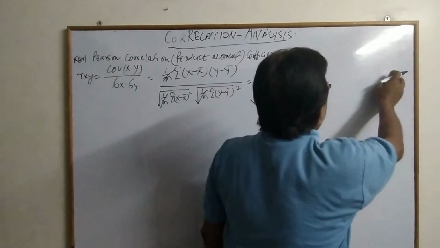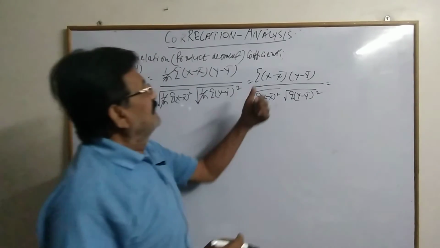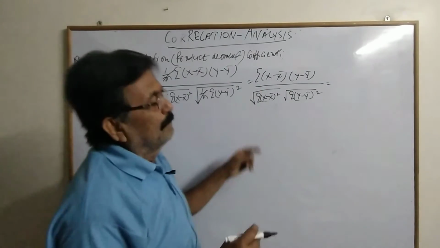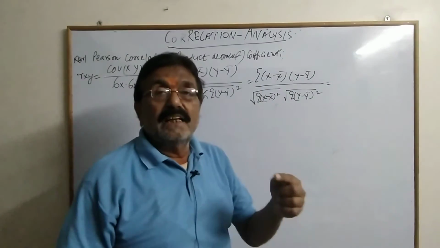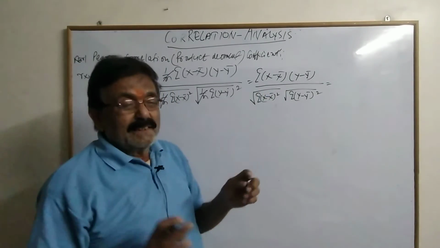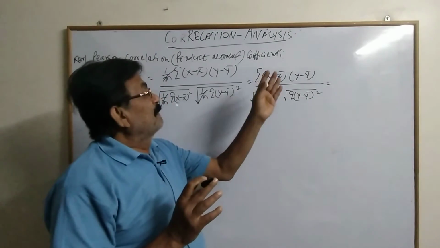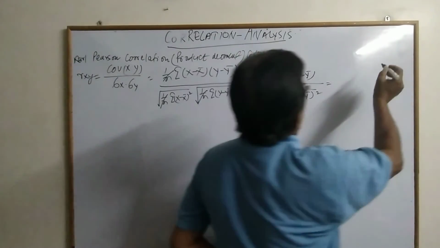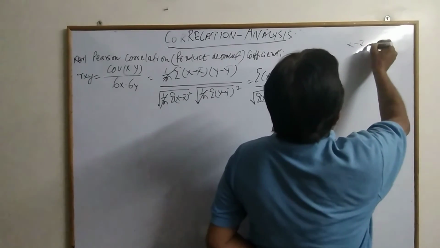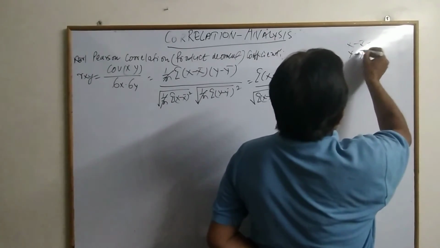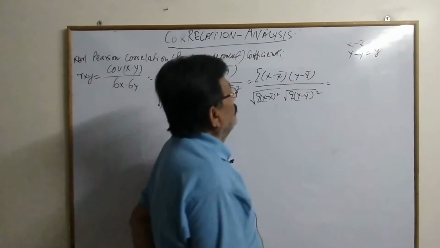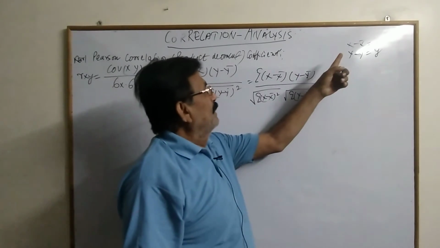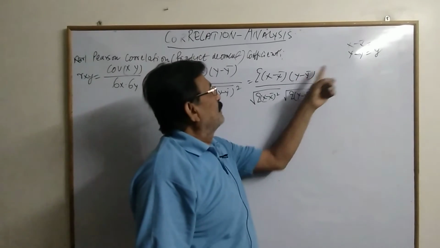At the next stage, this is the original x and this is the mean of x, so it has been written with a capital letter from now on in correlation, particularly in these two classes. There is a difference between this capital X and small x. If we define x minus x bar as small x and y minus y bar as small y, we are going into deviation form. X has been deviated from its own mean and y has been deviated from its own mean.